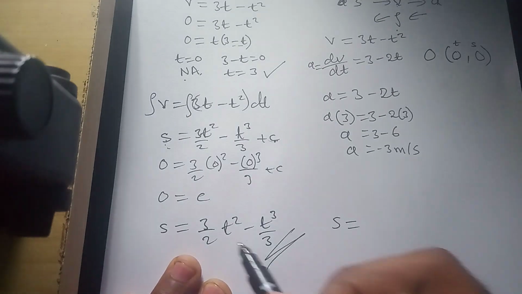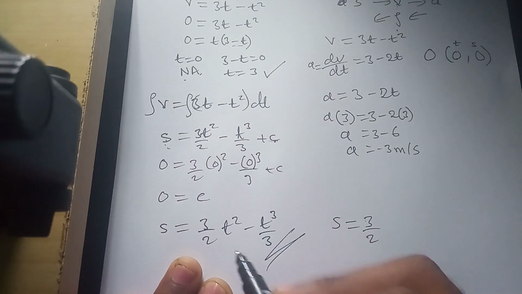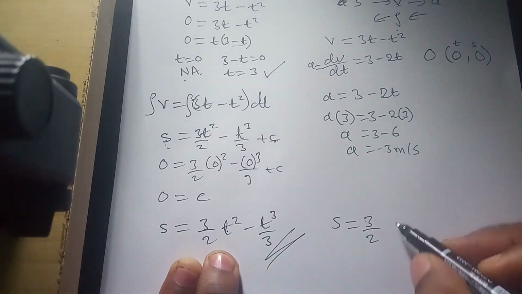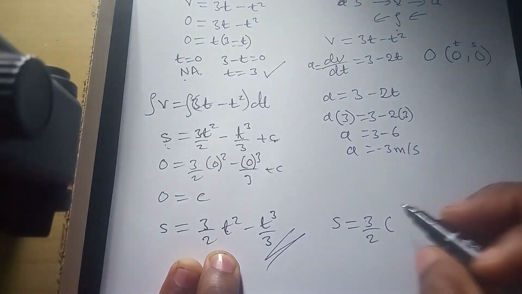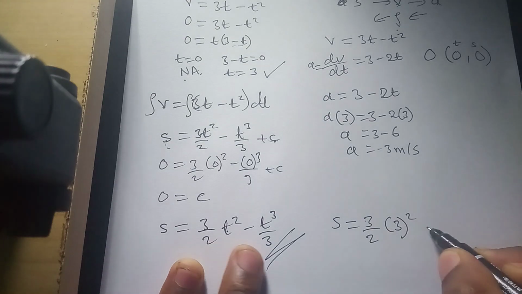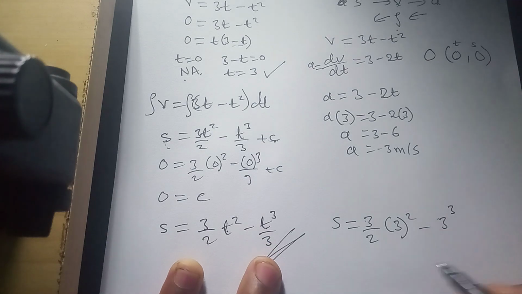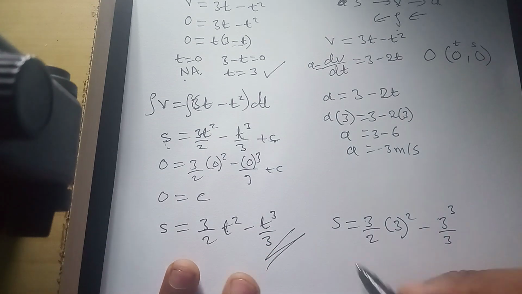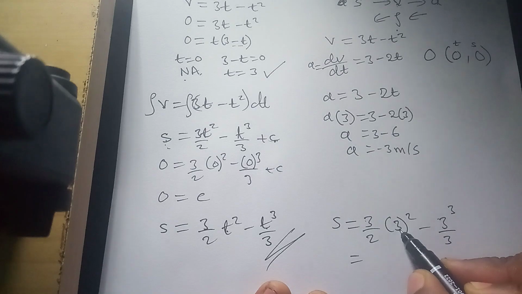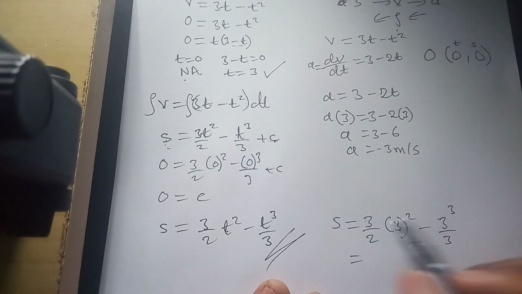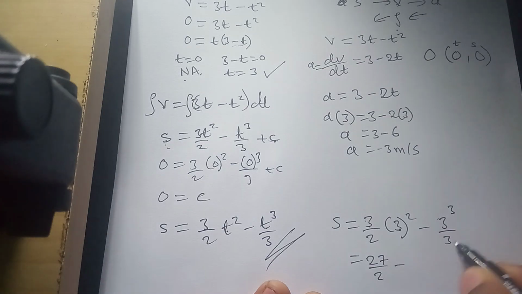So s is equal to 3 over 2, where you have this, just put your time, which is 3 seconds, squared, minus another 3 cubed over 3. So 3 squared is 9 times 3 over 2, we have 27 over 2. And then 27 divided by 3 is 9.